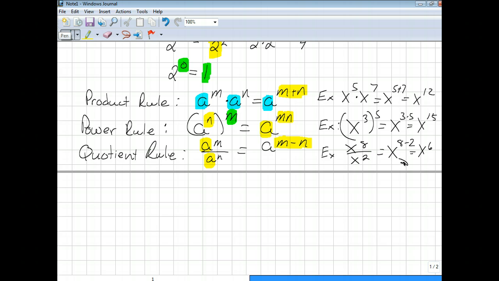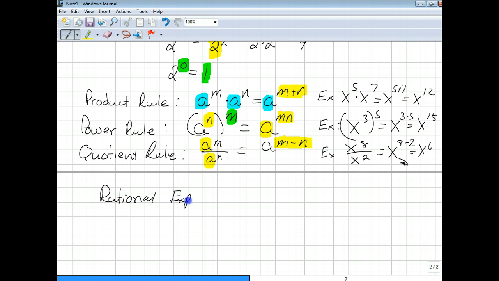Today what we want to look at is what's called a rational exponent. A rational exponent is an exponent that is a fraction. So remember, rational means fraction or ratio.